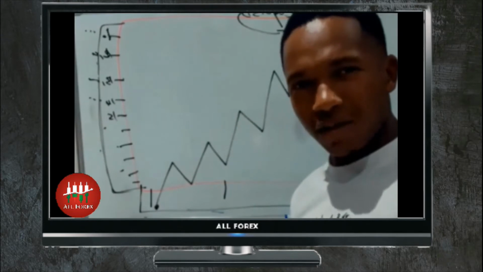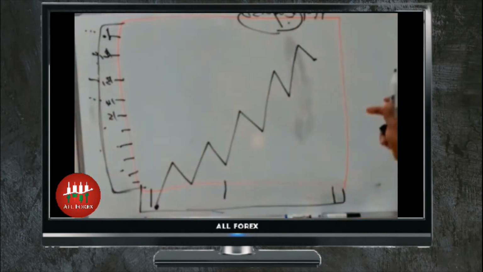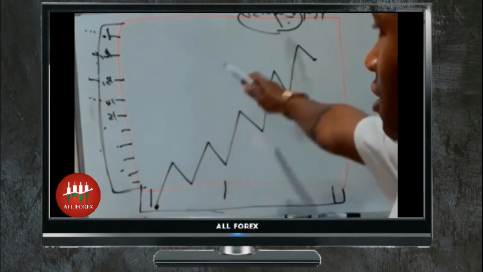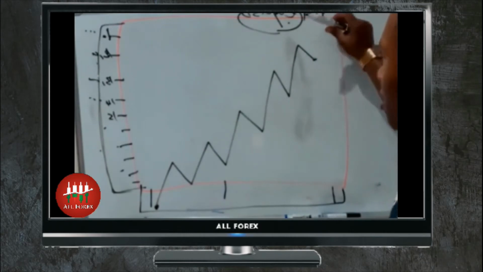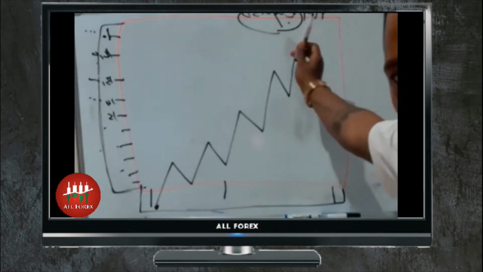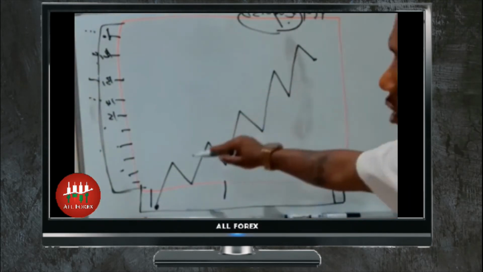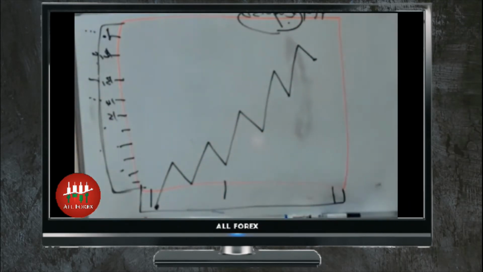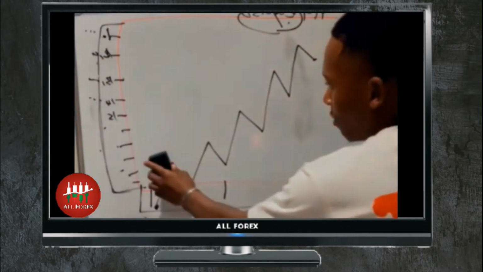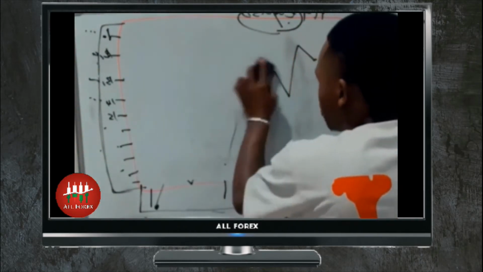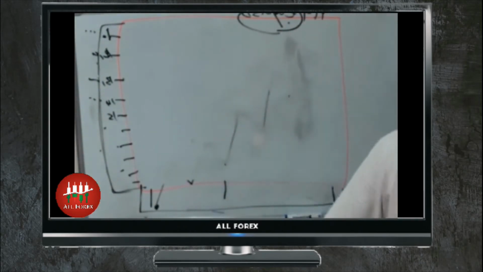So I've come into my chart, and my EURUSD says that this chart has been moving for the past month, for example, whatever the case may be, from the highest point to the lowest point. Let me draw it properly for you guys, so I'm able to add more drawings onto it.